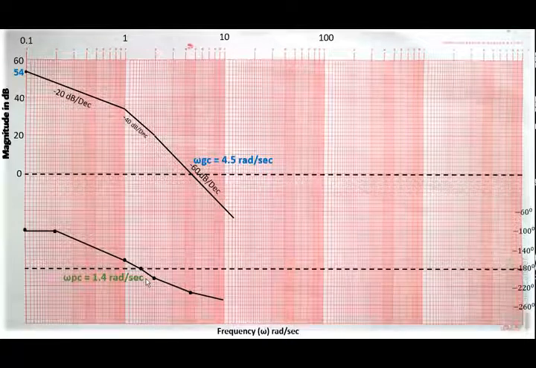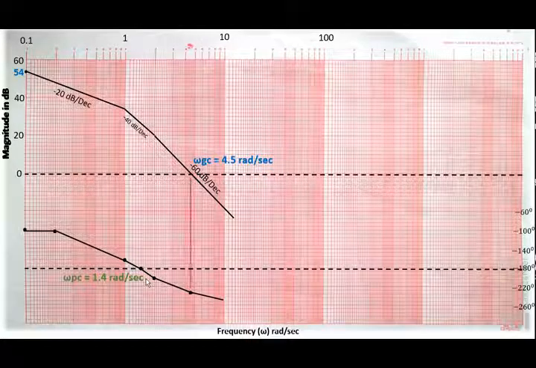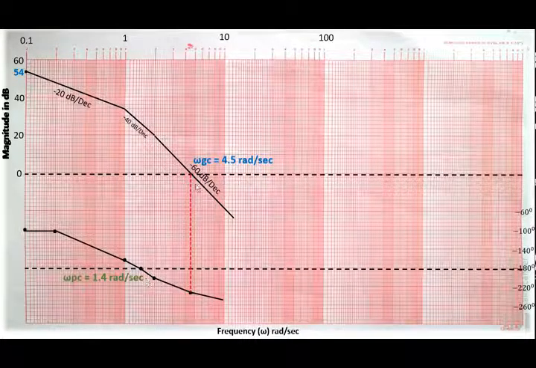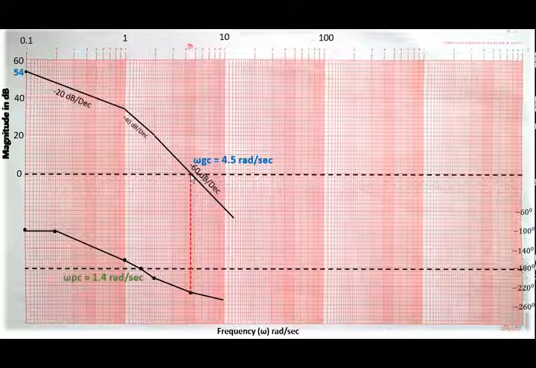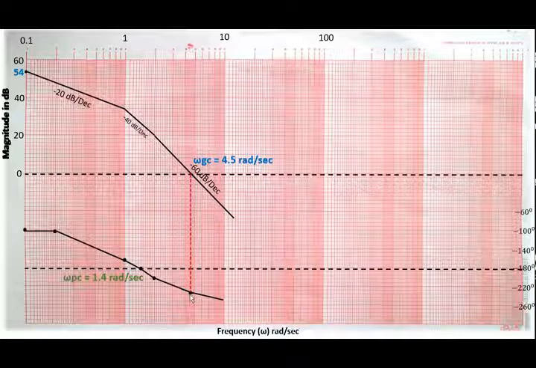So we got both the magnitude as well as the phase plot. Starting from this omega GC, that is the gain crossover frequency, draw a line downwards till it meets the phase plot. So here you will be getting one point on the phase plot.